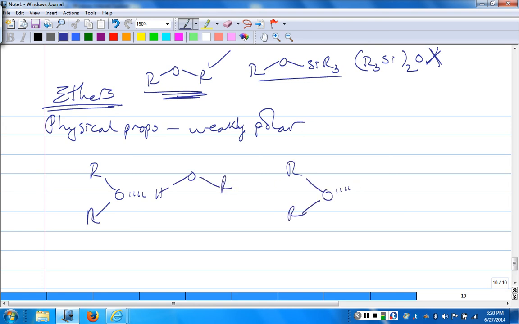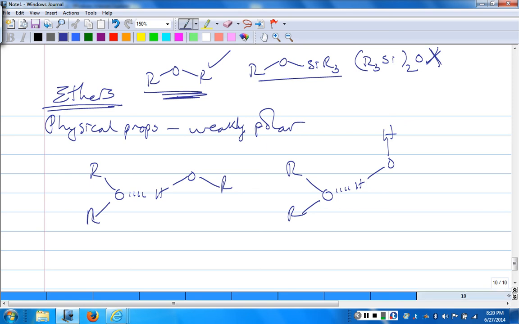And it's because ethers hydrogen bond to water that, for example, diethyl ether sucks up so much water. Diethyl ether sucks up 1 part in 7 of its volume of water, which is why if you use diethyl ether in the lab, you always have to dry it with sodium sulfate, because it sucks up a fair amount of water.